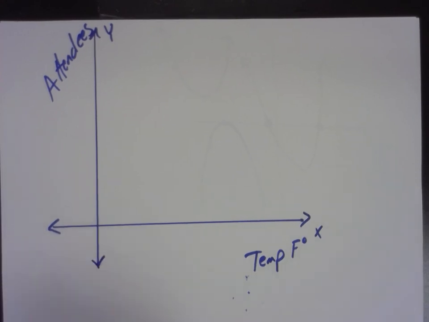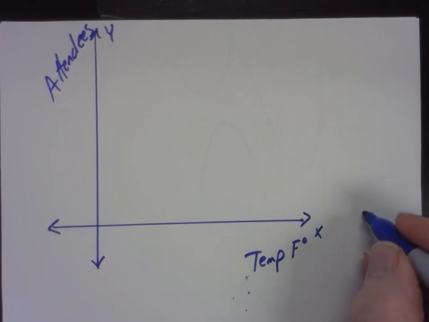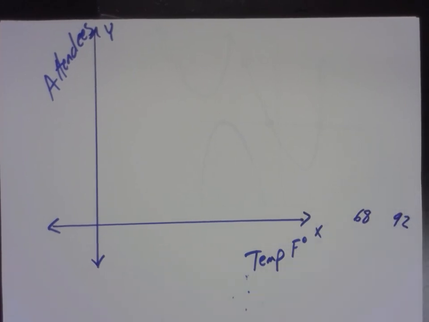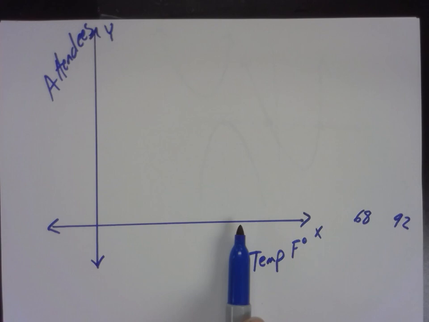What's our lowest X? 71. Anything lower? 68. Okay. Well, what's the highest X? 68 and 92. All right. Well, I guess here's a question then. Do I want to start here with 0 and go 10, 20, 30, 40, 50, 60, 70, 80, 90, 100?